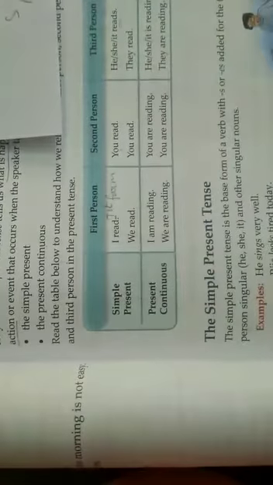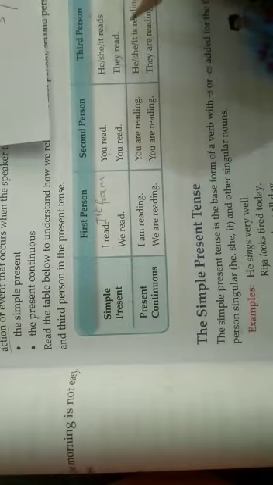If it's a third person in simple present tense, with he, she and it, we add s or es with the verbs. If the third persons are singular, he, she, it, then we add s with the first form of the verb.